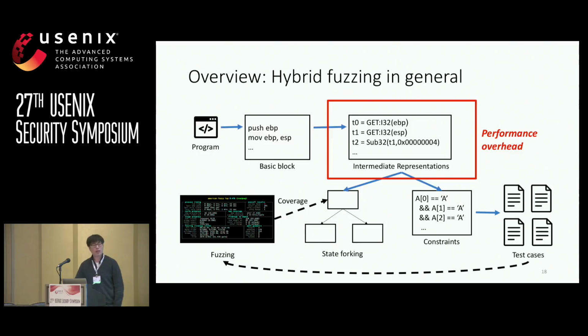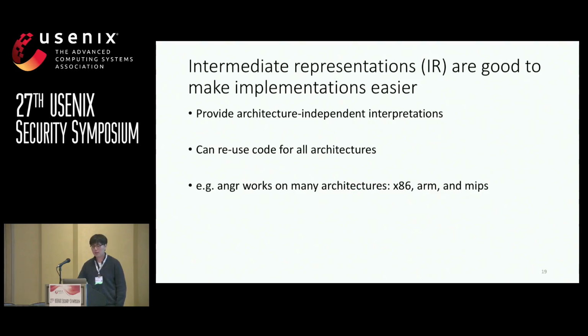So first, I would like to talk about the performance overhead introduced by these intermediate representations. People use intermediate representation because it makes implementation easier. It provides an architecture-independent abstraction, and we can reuse code for all architectures.